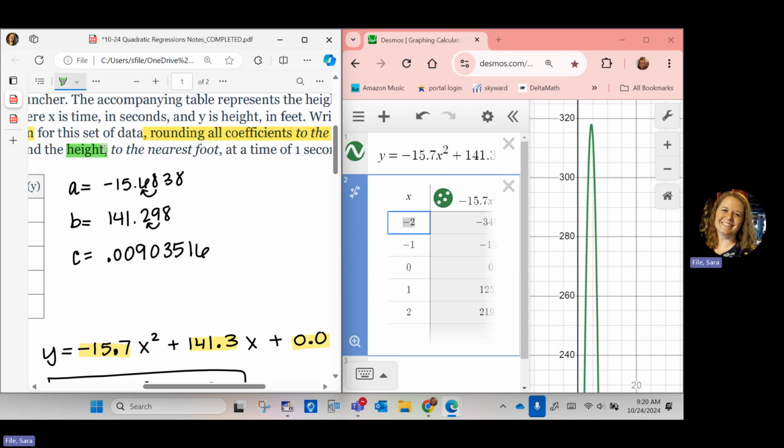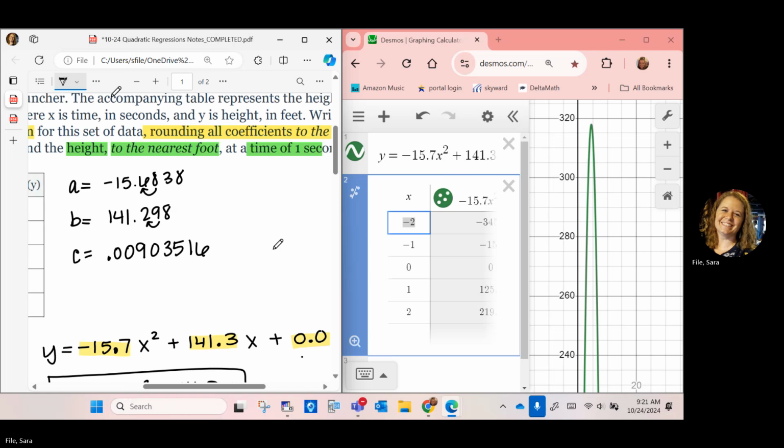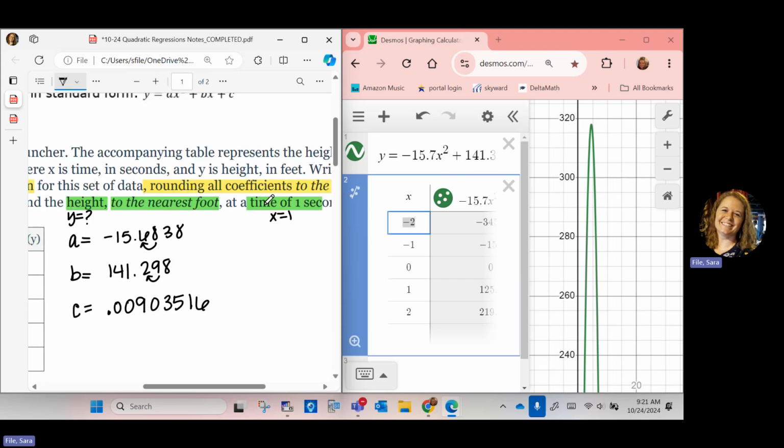Okay, so we are looking for the height, which is the y value, right? X was time, y was height, to the nearest foot at time of 1 second. So when X is 1, what is Y is what this is asking. That's the question.